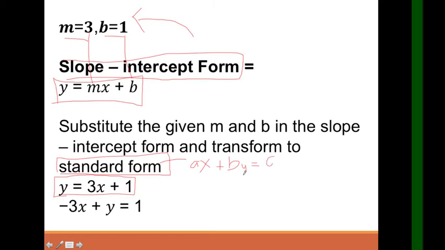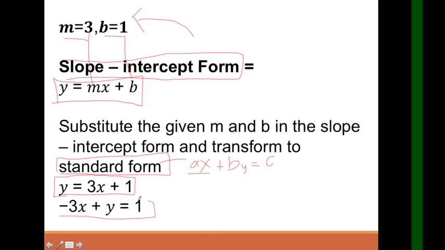So c is the constant. It's a number. So we have 3x. So yung x ilalagay natin dito, no, katulad sa una siya. So we have negative 3x kasi we transpose. When we transpose numbers, we change the sign. So from positive, it becomes negative. So we have negative 3x plus, we will just copy y equals 1.